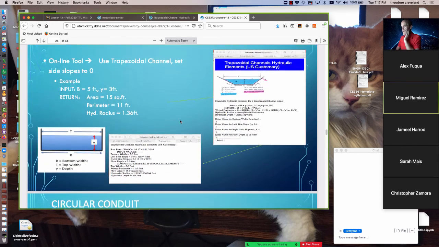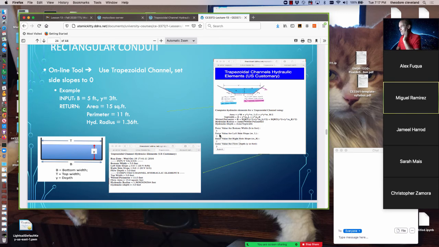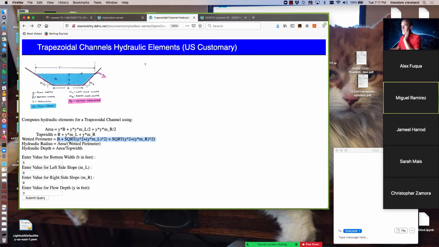To do a rectangular conduit, we turn the side slopes to 0. So we'll do the same input information, except now the side slopes are 0. Now this I can usually calculate in my head. The cross-sectional flow area is going to be 15 square feet. The wetted perimeter is going to be 11 feet.